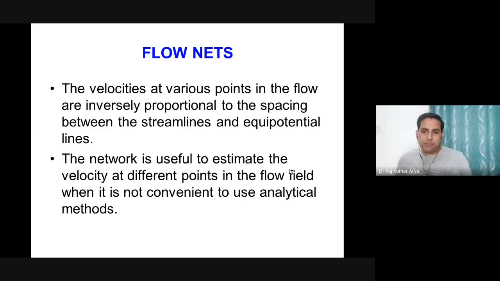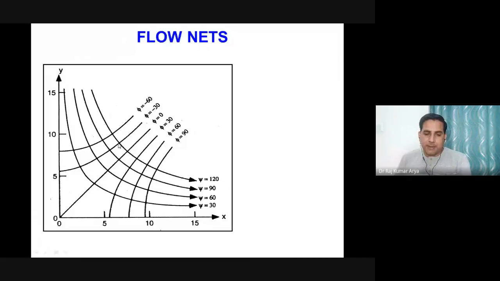Here we wrote that velocities at various points are inversely proportional to the spacing between the streamlines. If you see this slide, you have the stream function psi equal to 120, then psi equal to 90, then 60, then 30.